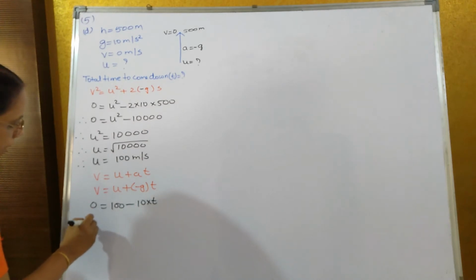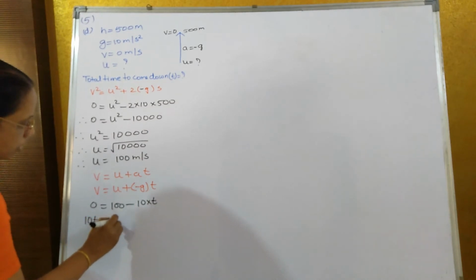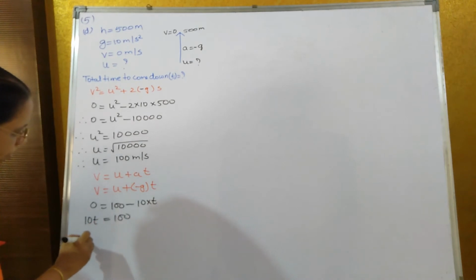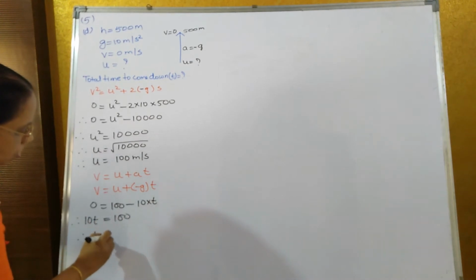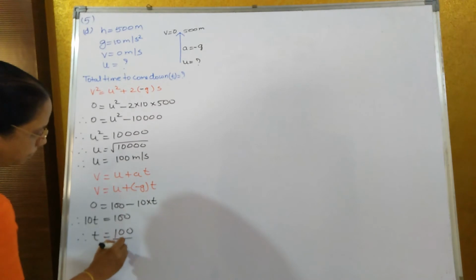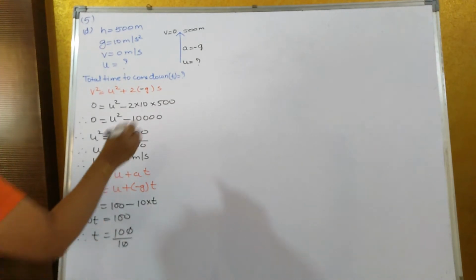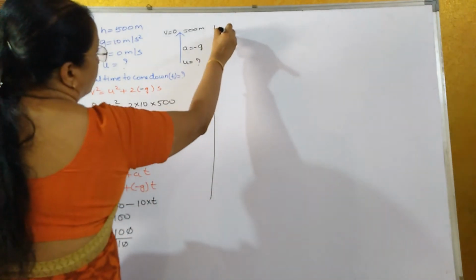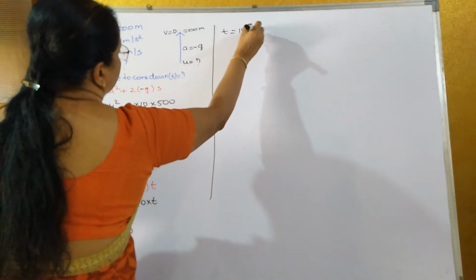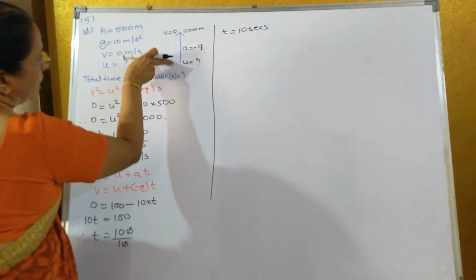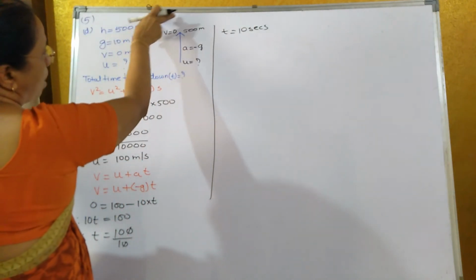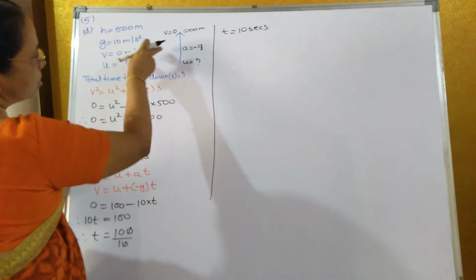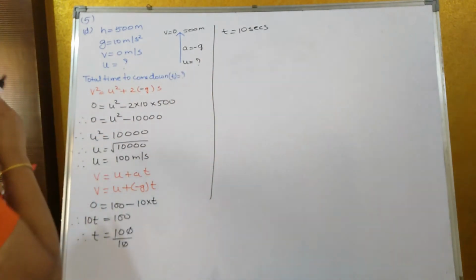You will get 10t, it will become positive, is equal to 100. Therefore t is equal to 100 upon 10, 0 will get cancelled. So t is equal to 10 seconds. So to reach up it takes 10 seconds. So to again come back it will take 10 plus 10, 20 seconds.